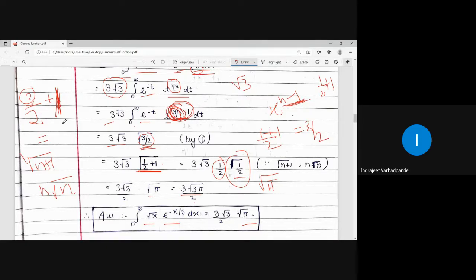So whenever the numerator is greater than the denominator, we try to split that fraction using the property n plus 1. When it is reverse, numerator is less than the denominator, we use the last property gamma n into gamma 1 minus n for applying the definition of the gamma function.